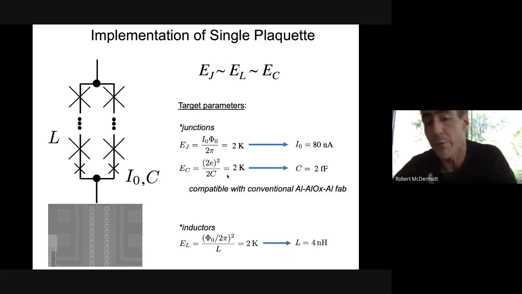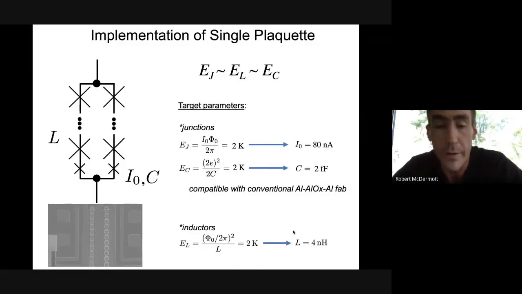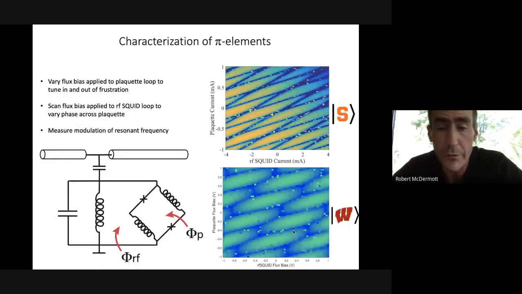This is compatible with the same type of junction fab that is typically used for transmon qubits and other types of superconducting qubits. And note that the inductors that we need here are large but quite realizable using 10 junctions or kinetic inductors involving 100 or so squares, without great demands on the inductance per square of the kinetic inductor material. Okay, so the groups at Syracuse and Wisconsin have both implemented this type of pi periodic element.